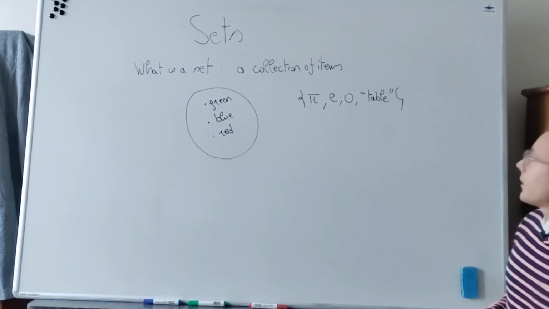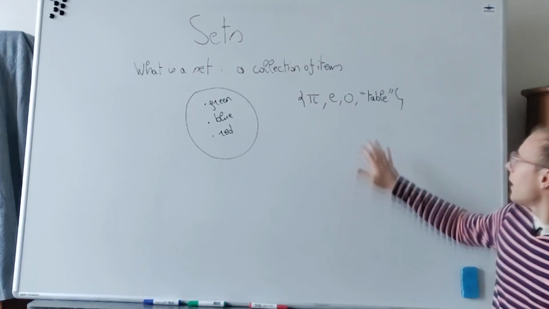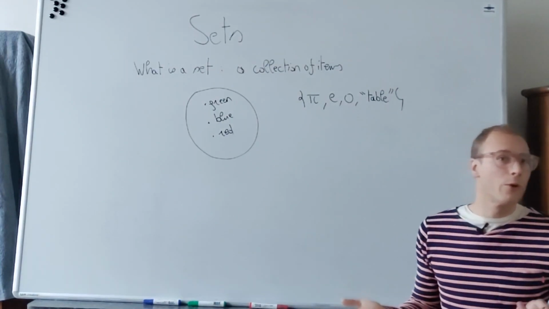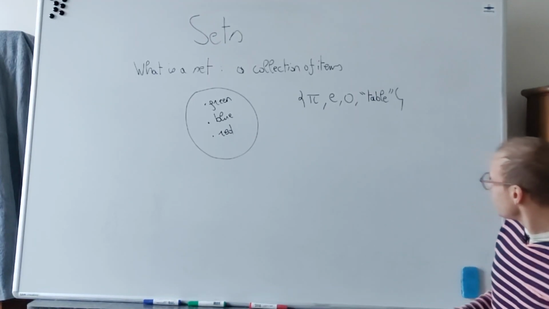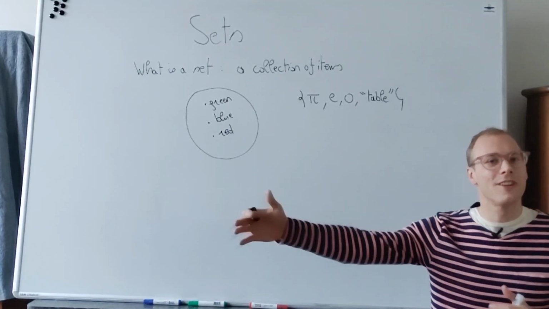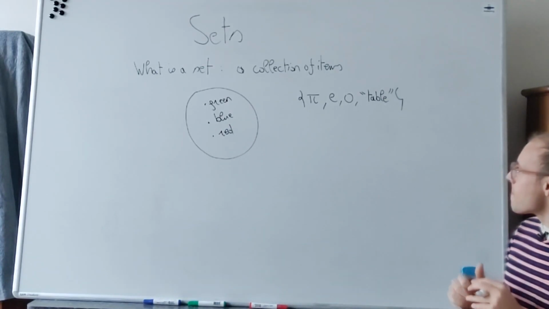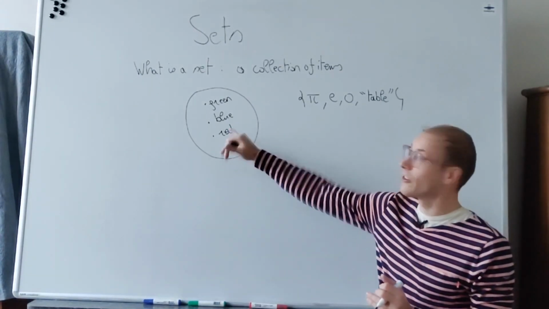So this is another set containing 4 elements. You see 3 real numbers here and a word. So this already shows that there does not need to be any connection between the elements of a set. But of course, the sets we will be interested in will have one. There will always be a connection between those elements. Like here, you could say these are all colors.